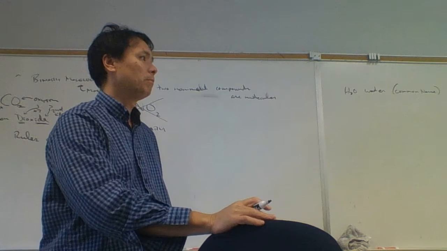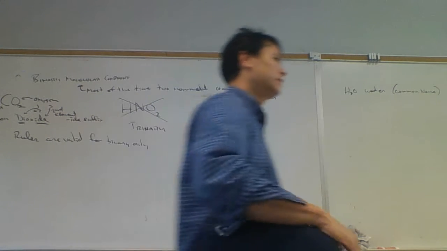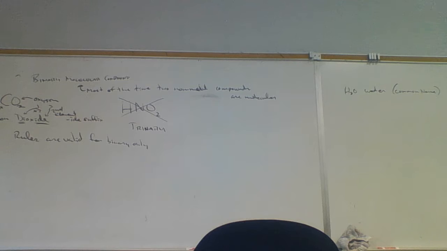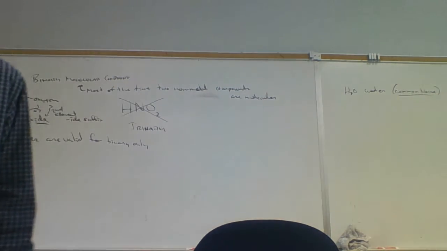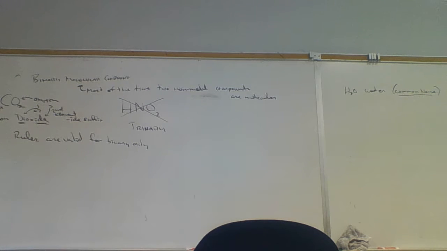I think we call it traditional name, AKA common name. Common name's the actual term used for it. What would you name this using the binary rules, like carbon dioxide?